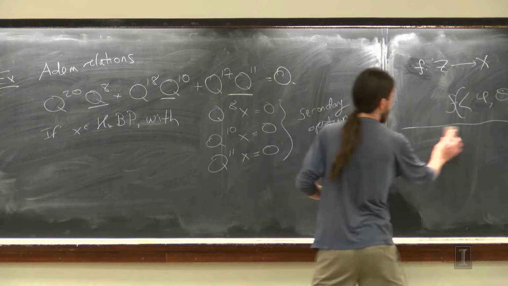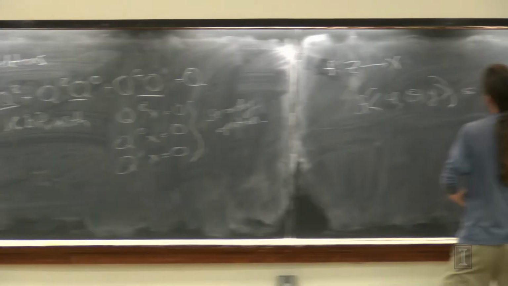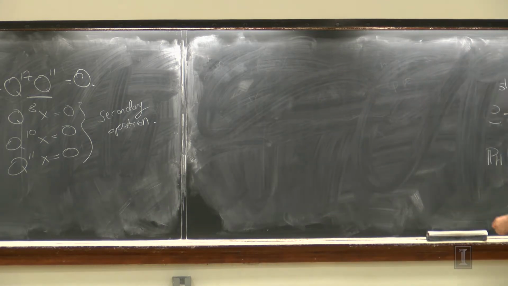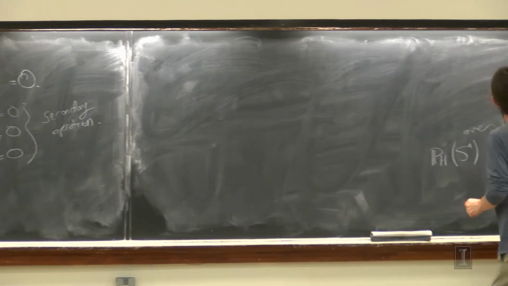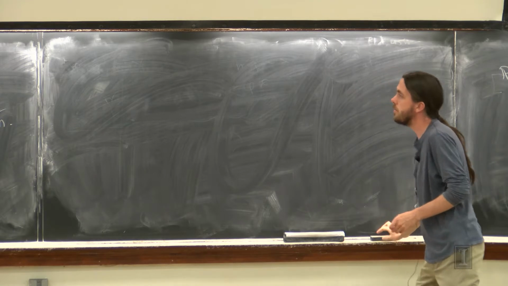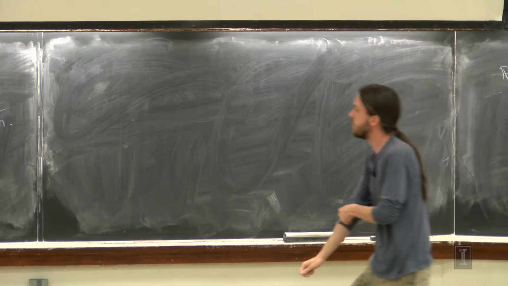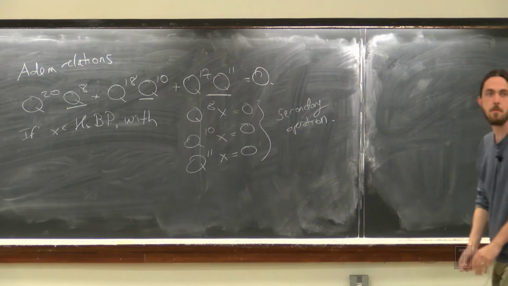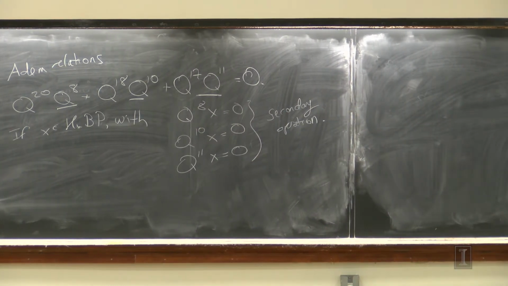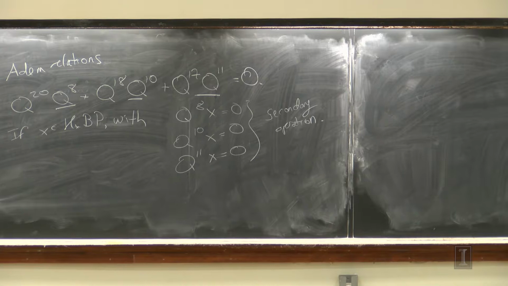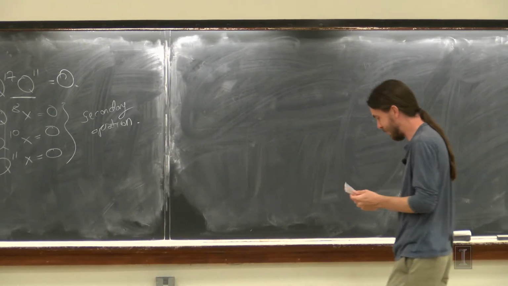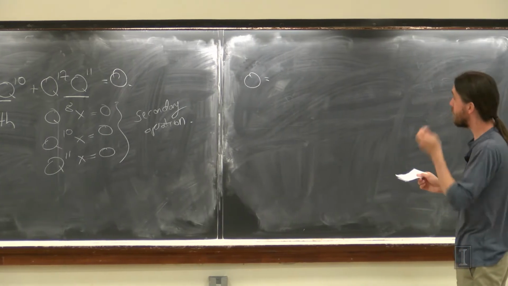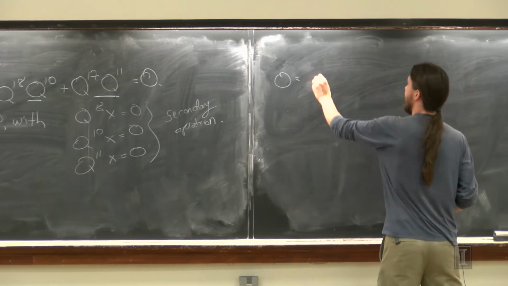Okay. Now, unfortunately, life does not turn out to be that simple. So we could look around for quite a bit and try and figure out this kind of combination. So we have to do these two things. We have to find a relation, and we have to find an element that satisfies it, and then we have to calculate the secondary operation. So fortunately, I have one in my pocket. So let's write down this. It's very close to what the Adem relation looks like.